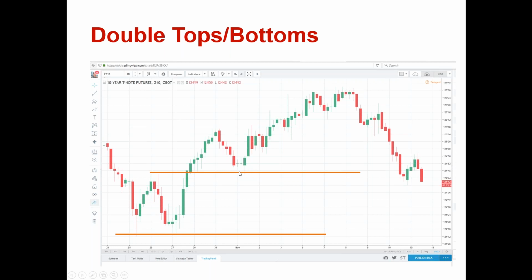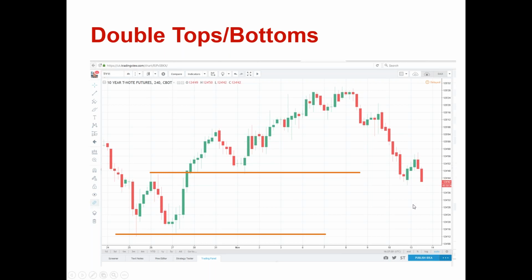We came back to retest it here, so that was nice. You see the way the former resistance level turned into support, and if we were to measure from here to here and project, this was the area we could go to, and it's very interesting to see that's around where the market topped out and fell over again.